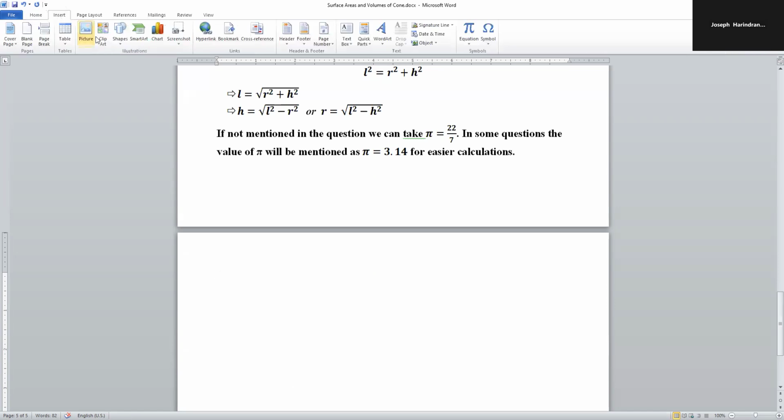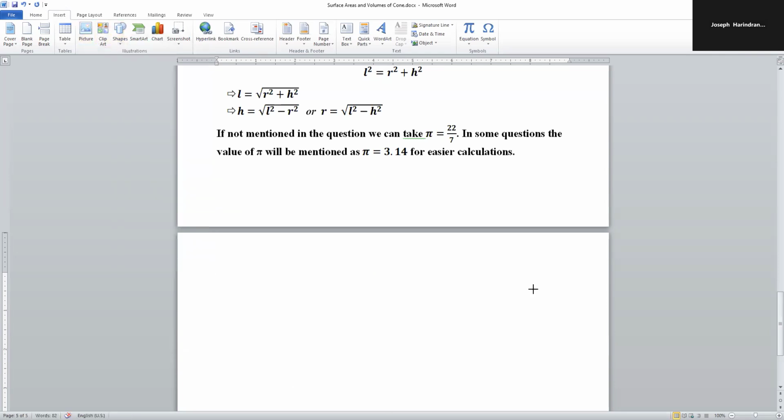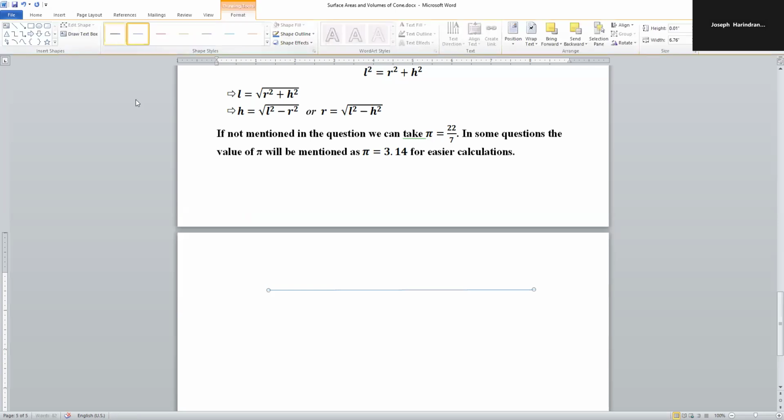So let us draw a rectangle. Assume that this is the sheet. We don't know the length of this sheet, so we have to assume it. The breadth, the width of the tarpaulin, is given. It is 3 meters.